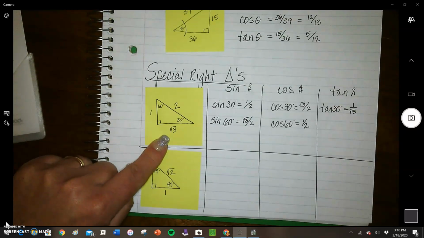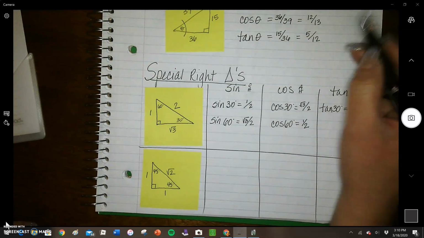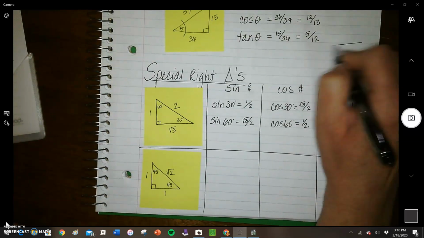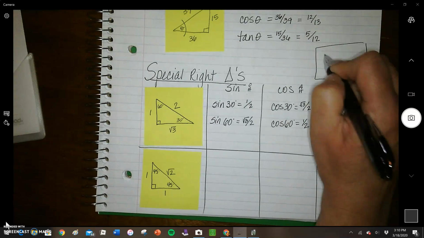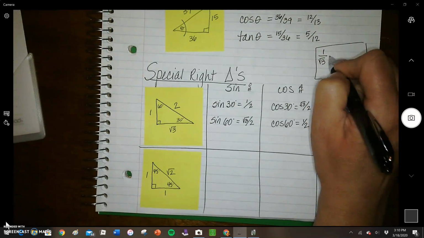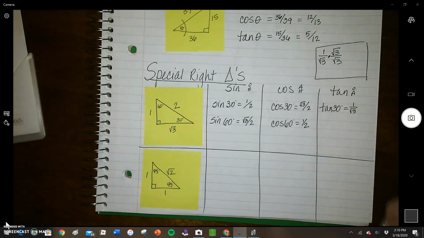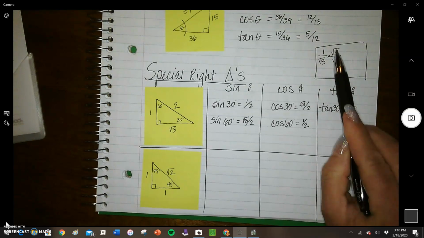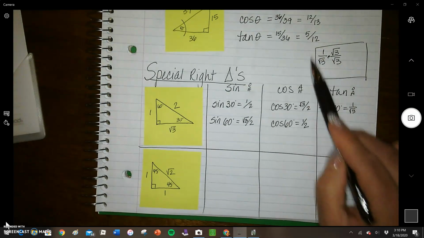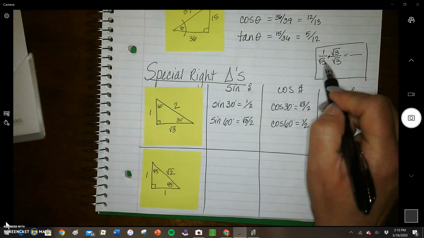Now, I don't know if you remember rationalizing denominators. Let me go do that really quick up here for you in this little space. But remember, you cannot have a square root in the denominator, and so you have to get rid of it. And you do that by multiplying by root 3 over root 3, right? Remember that 1 is the only number that you can multiply by that won't change the value of anything. But this is also going to get rid of the denominator, right?